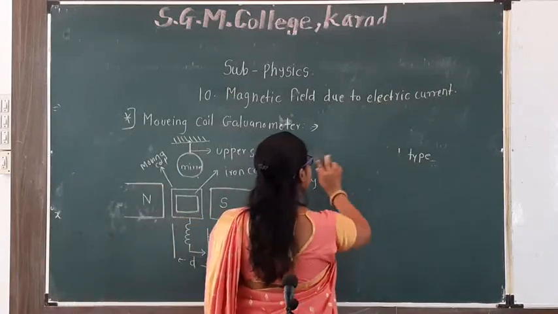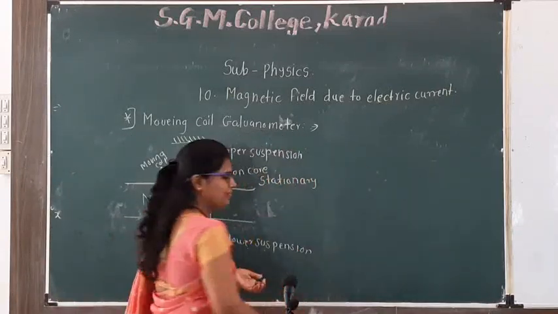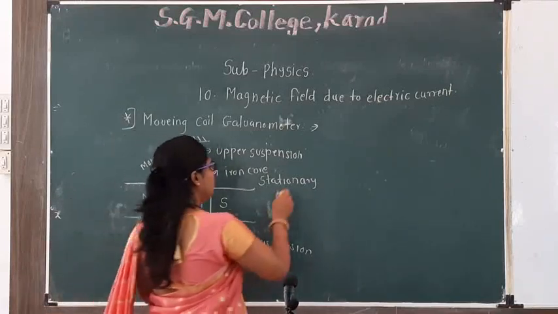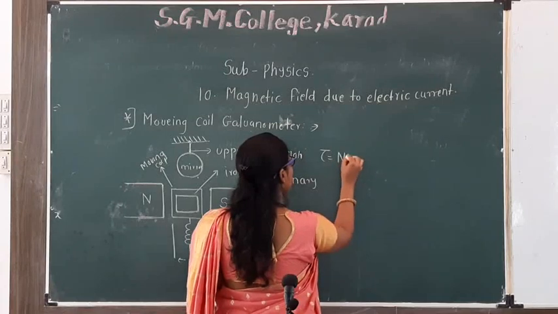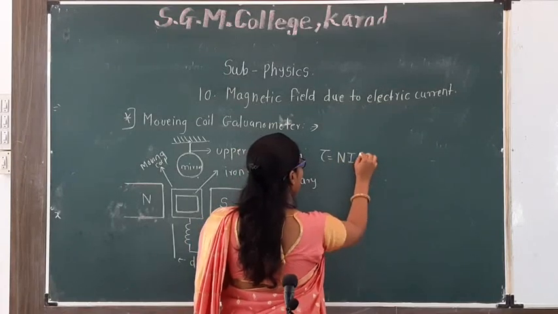Now, in the last lecture we learned the torque tau is equal to NIAB.